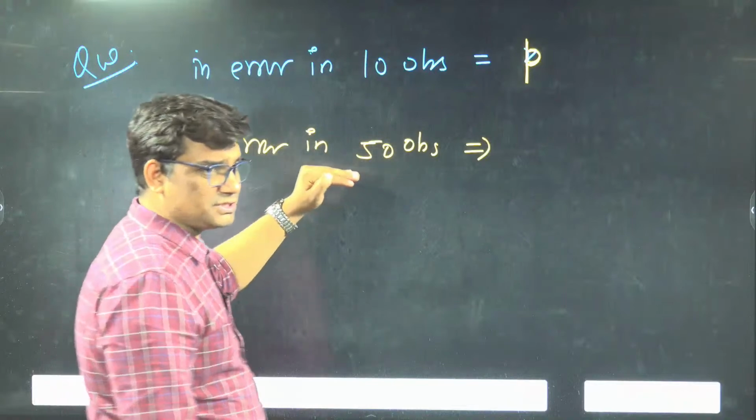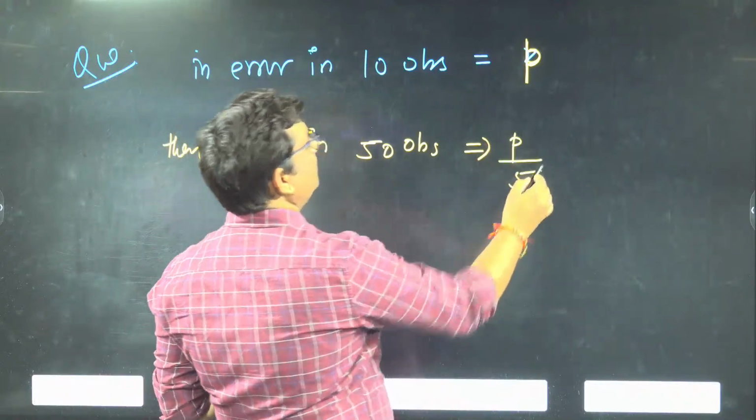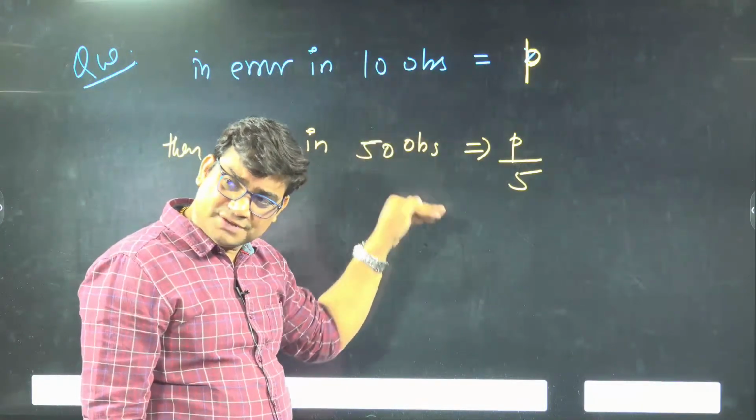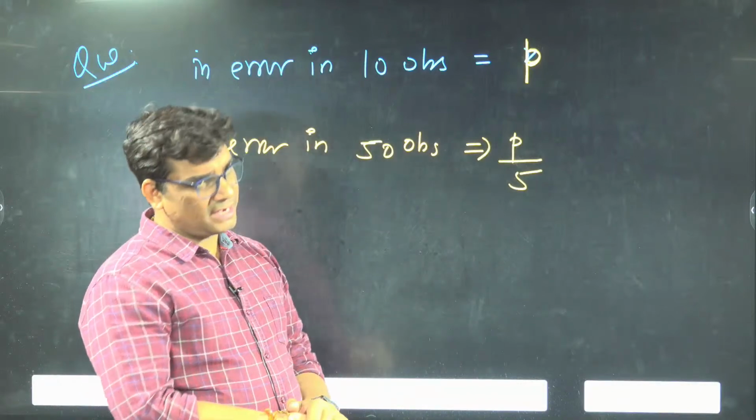Observations are 5 times, so the error will be 1 by 5. You have to always go like this: however many times the observations, the error will be reduced by that amount. Okay, clear?